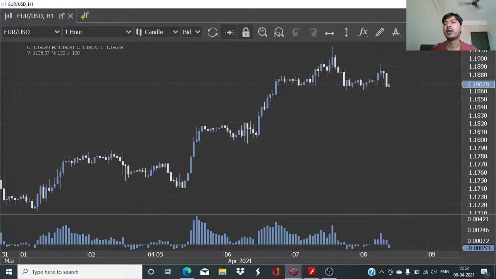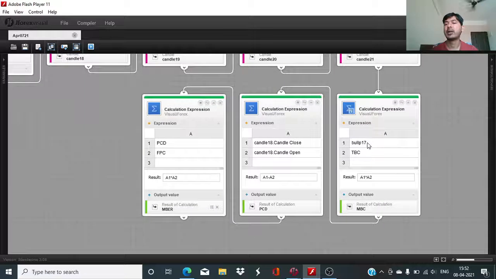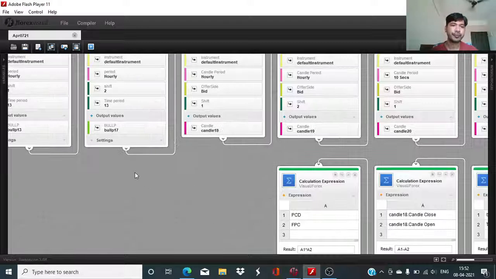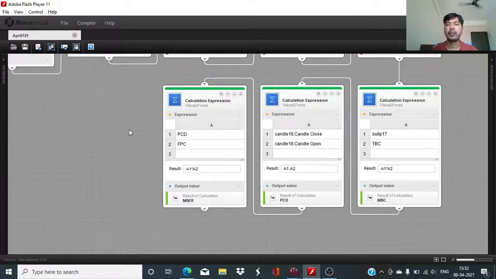So for that, we have carried out this calculation, and I have defined this output value MBC, which is twice the Bull Power output value with the look back period of 2 on the hourly time frame.